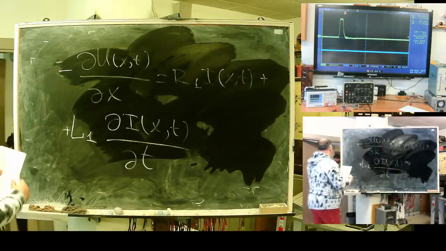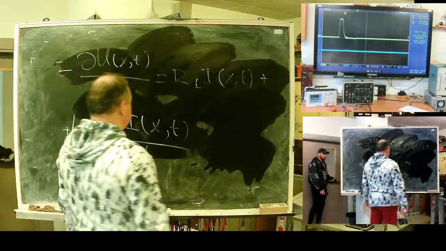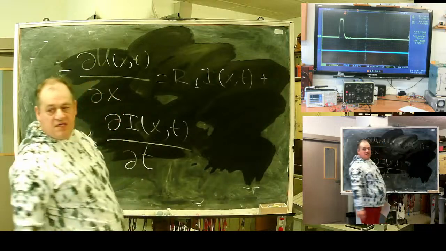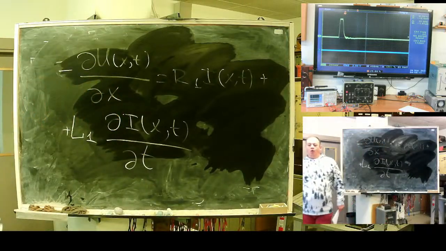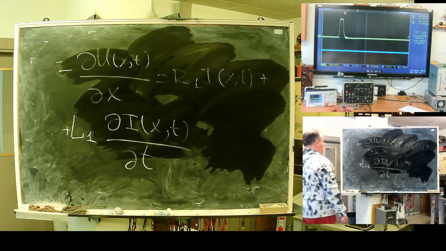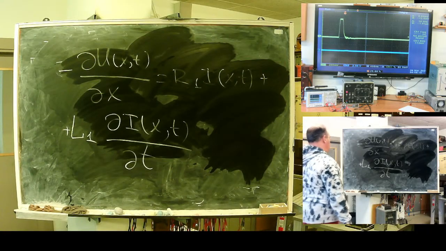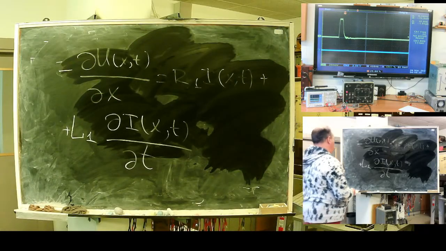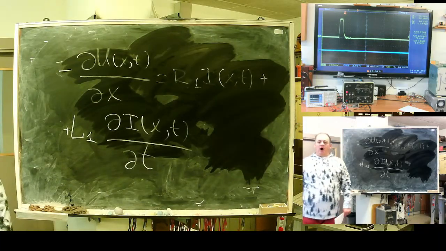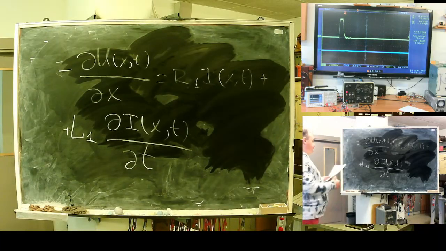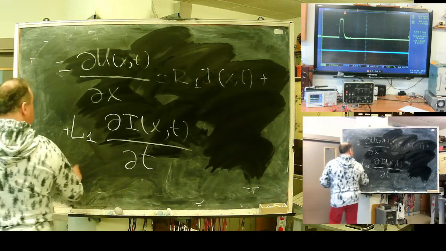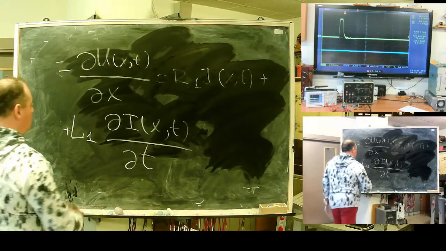Here, L1 is inductance, R1 is resistance, and C1 is capacitance of 1 unit of length. This is equation number 1.